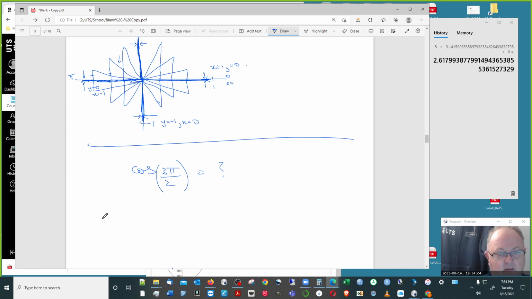X. This question is saying what's the length of x at 3 lots of pi on 2?